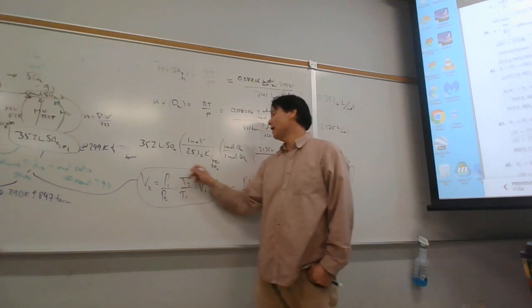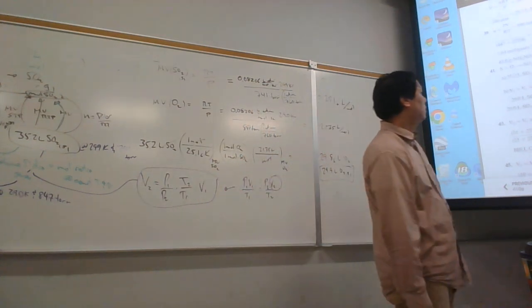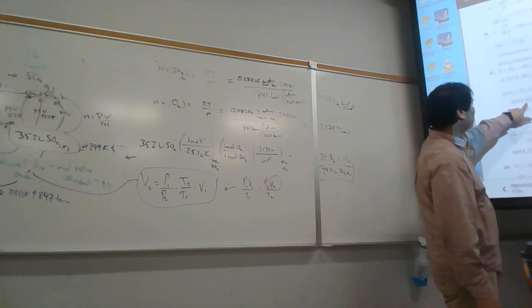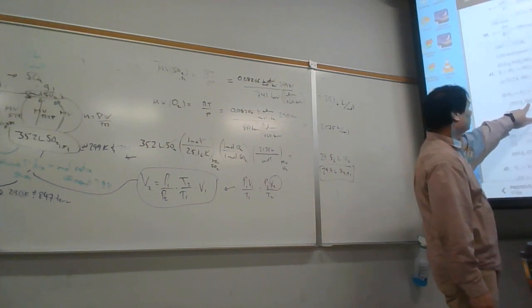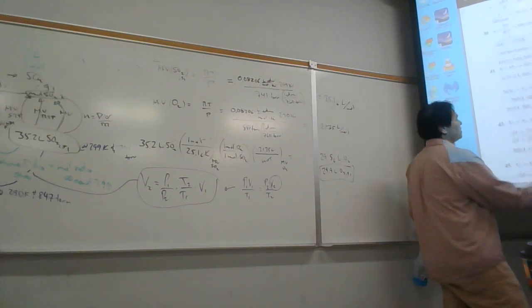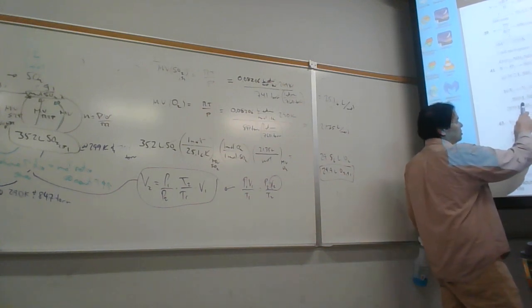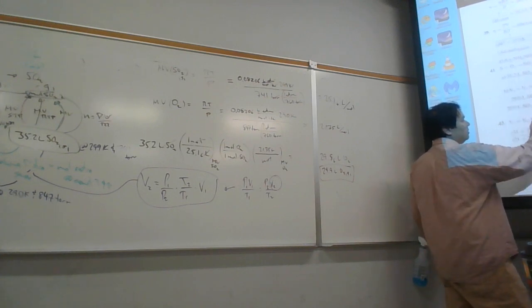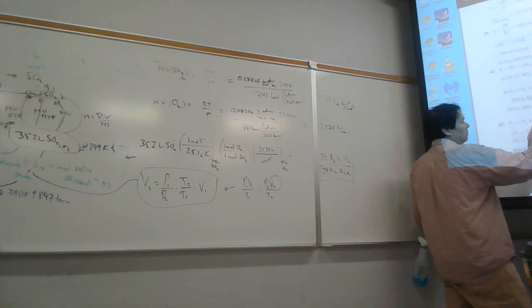And so they use the combined gas law to determine the volume of SO2 under oxygen's condition. Once they got the volume of SO2 under oxygen's temperature and pressure, then they use the volume ratio, or the liter to liter conversion here.